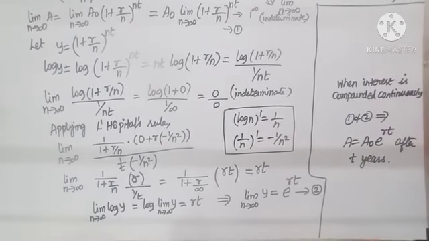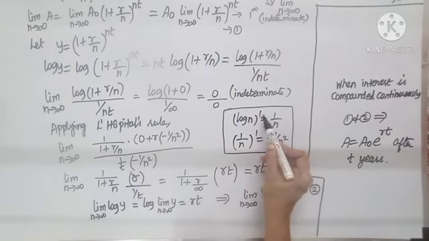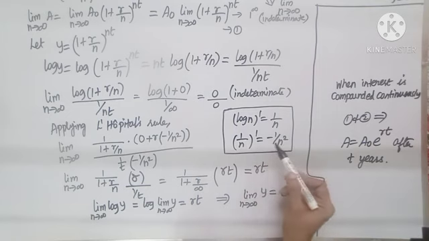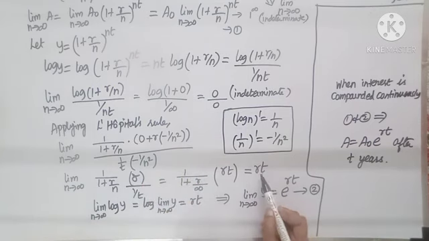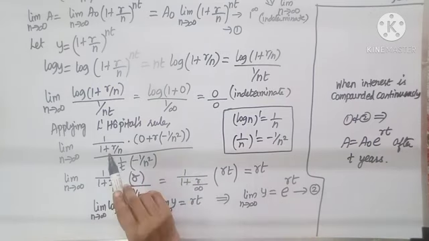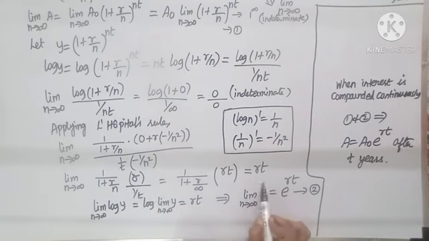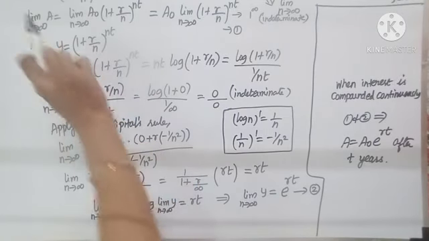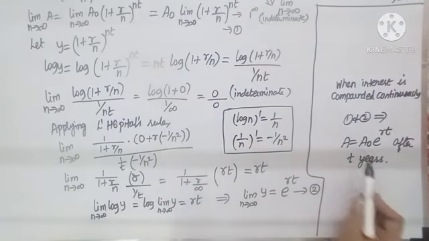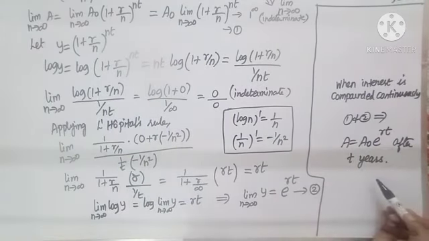We remember log n derivative is 1 by n, and 1 by n derivative is minus 1 by n square. As we apply and we reciprocate, we are just left with RT. When logarithm is taken, limit is RT. So without logarithm, it is e power RT. Put this e power RT back in equation 1. We get A is A naught e power RT after t years when the interest is compounded continuously.